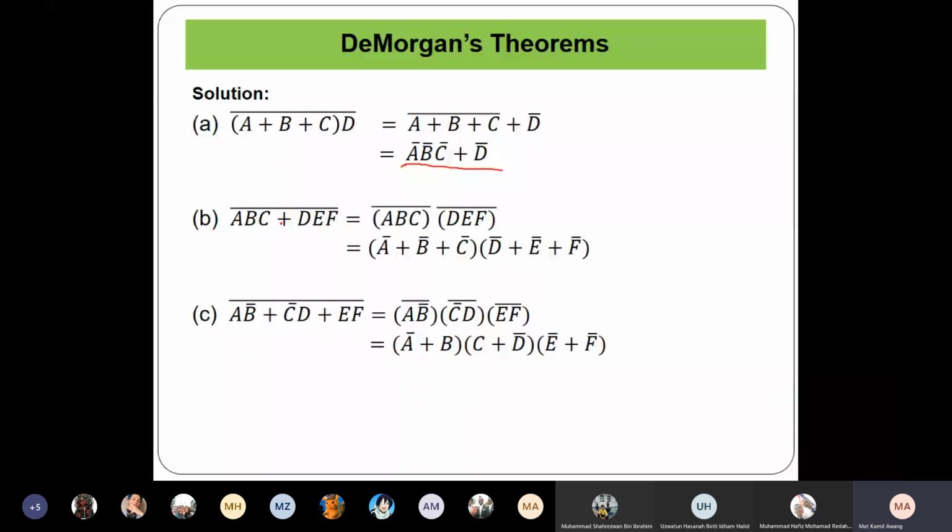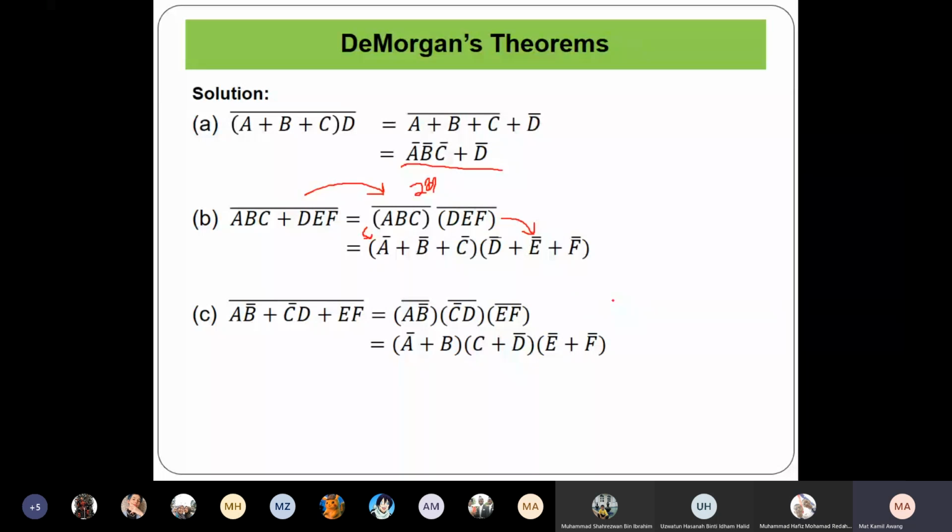So for this, you use which theorem? First, you use the second theorem. Then after that, this one goes to here, you use the first theorem. This also you use the first theorem.